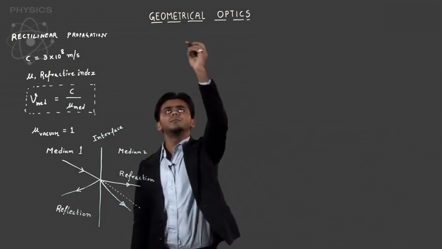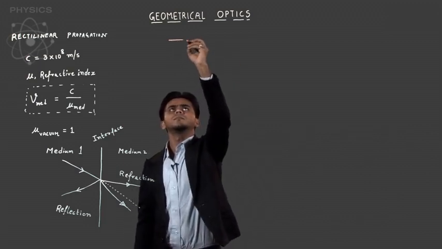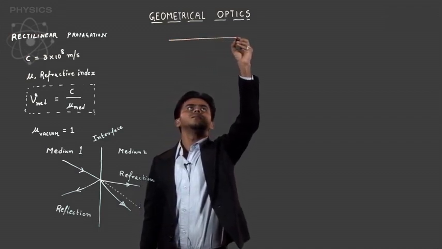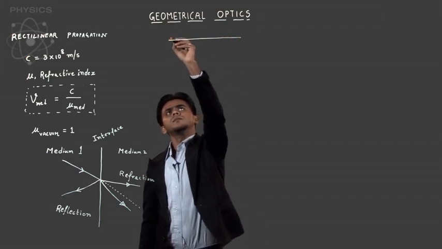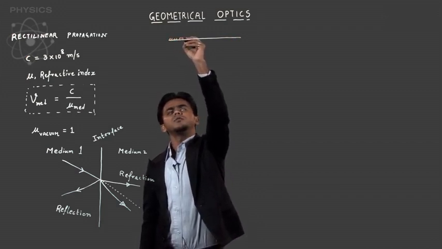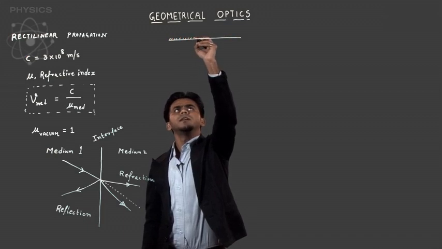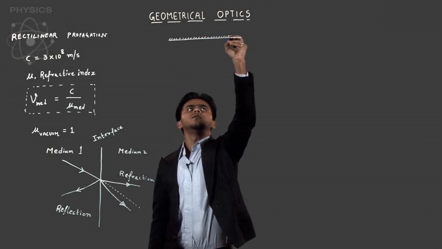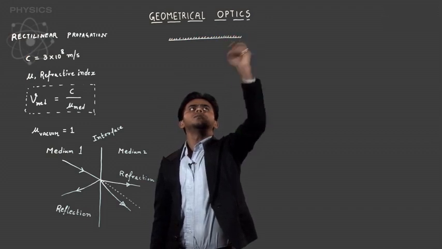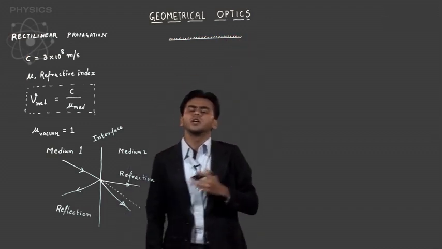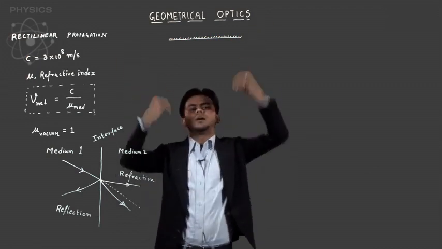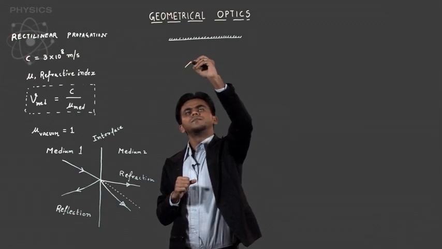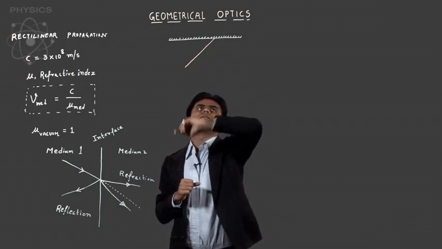So let's say this is your plane mirror. This dashed thing over here gives you the idea that it is silvered or polished on the back side, so a ray of light cannot cross over to the other side. Let's say a ray of light comes over here like this.